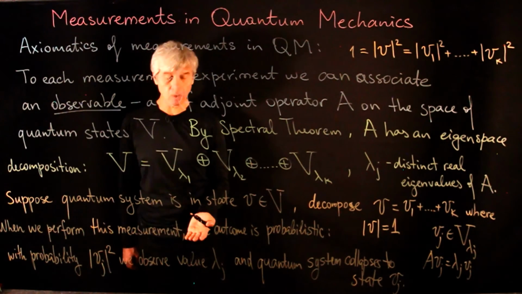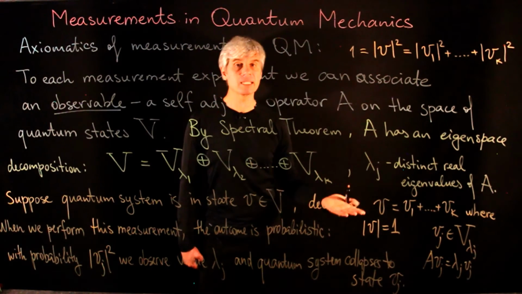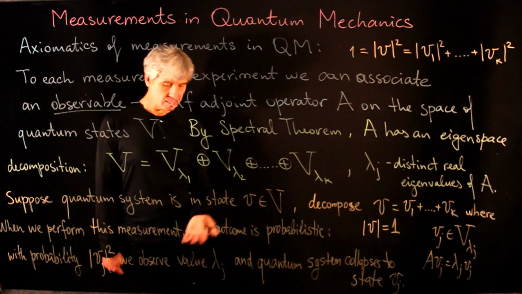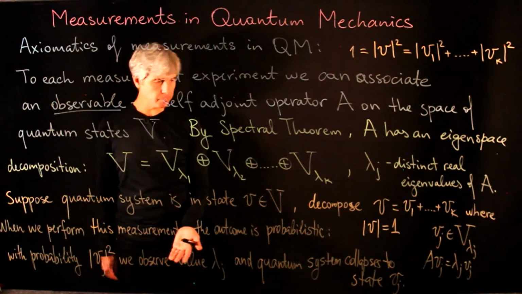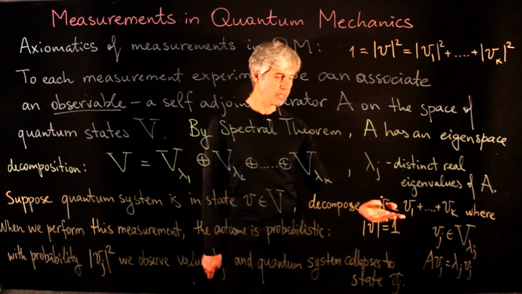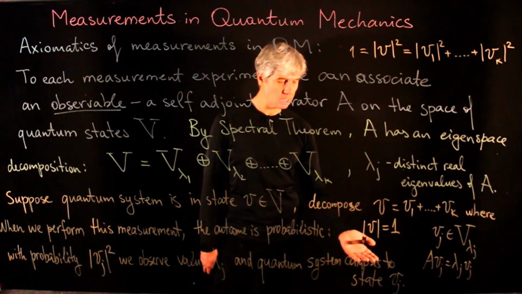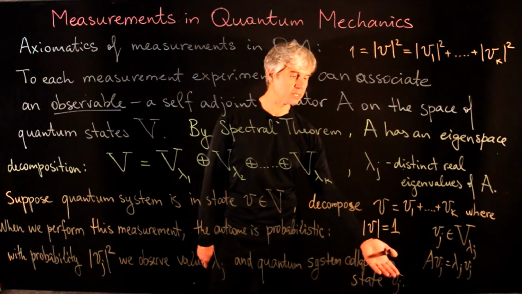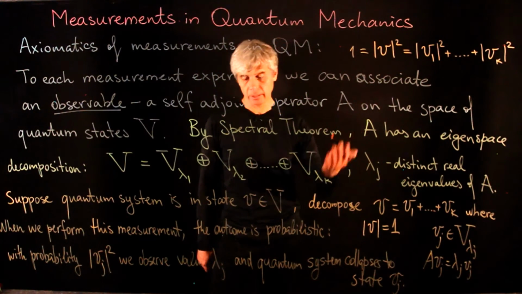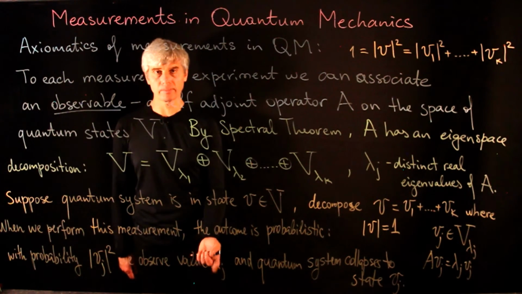First, the outcome of a measurement is probabilistic. We can only predict probabilities of observing different outcomes. And secondly, after we perform the measurement, the original state is destroyed, and so the new state is always a basic state. So it's going to be necessarily an eigenstate that corresponds to the eigenvalue that we have observed.